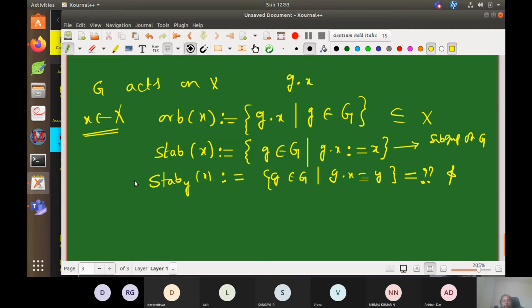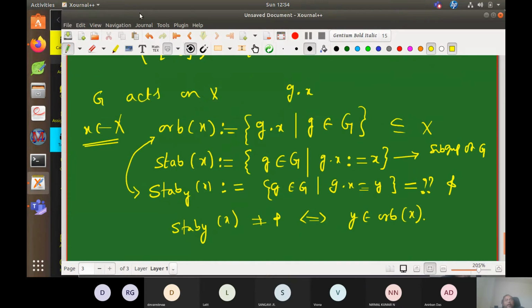Can you connect when it is empty to the orbit? It is non-empty if and only if Y is in the orbit of X. Yeah, so the stabilizer of y of x, maybe some good notation may be there, is non-empty if and only if y belongs to the orbit of x. Very good.